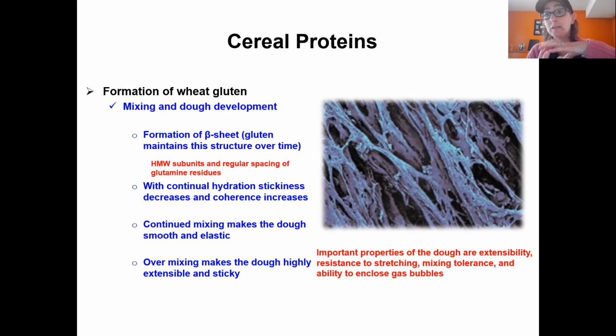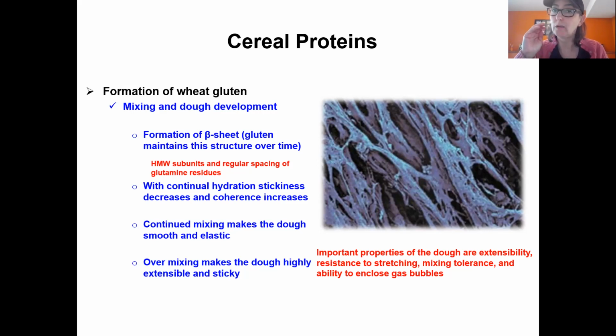Once it's fermented, the dough rises and it can contain the gas bubbles, or the air bubbles, generated during fermentation. If it's a weak dough system, the air bubbles are not contained, and then you have a collapse of the system, and you don't have a nice rise. So if you want to make a loaf of bread with a nice volume, you don't have it if you have a weak dough system.